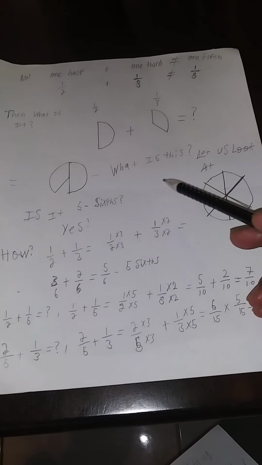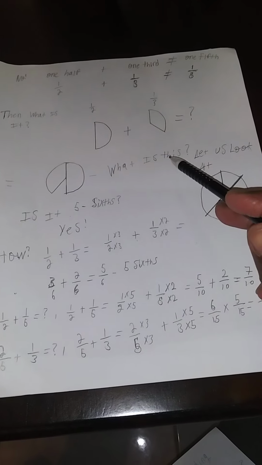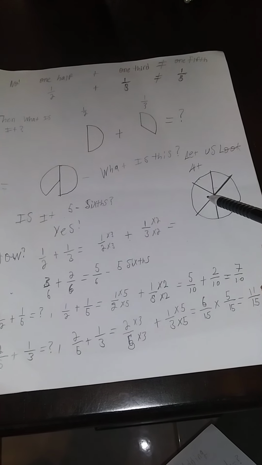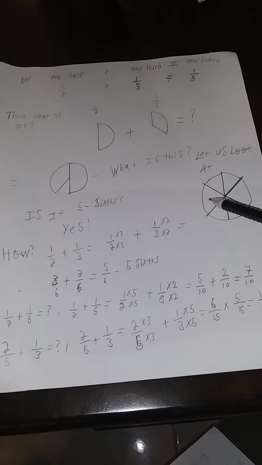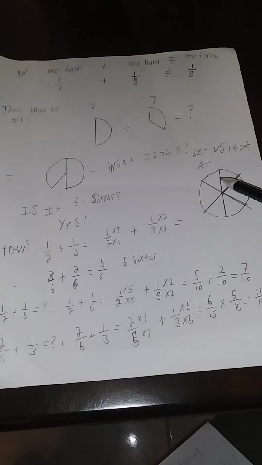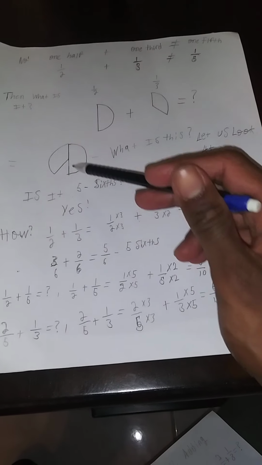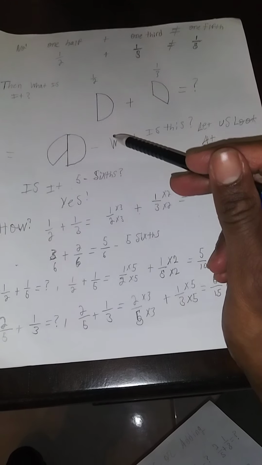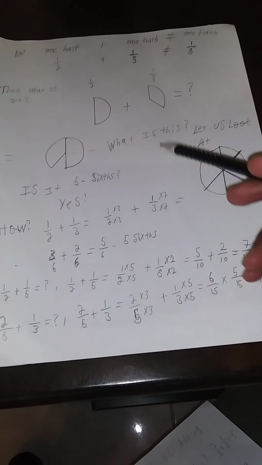Then what is 1/2 plus 1/3? Let us look at this picture then. I think it's 5/6 of a pizza. It kind of looks like 5 slices of a pizza cut into 6 pieces.